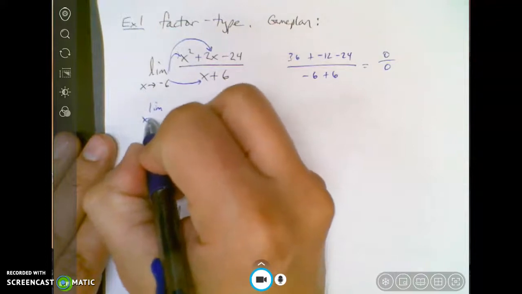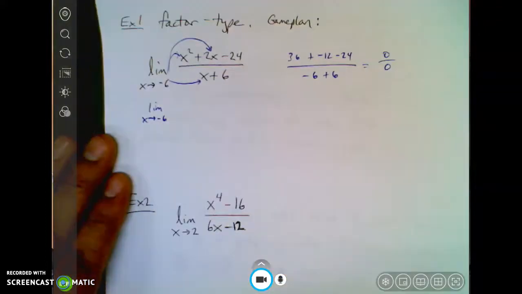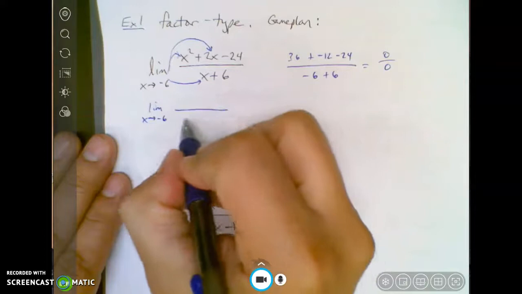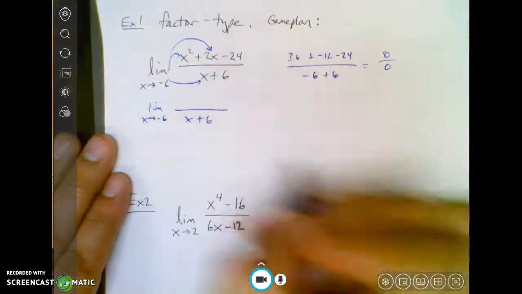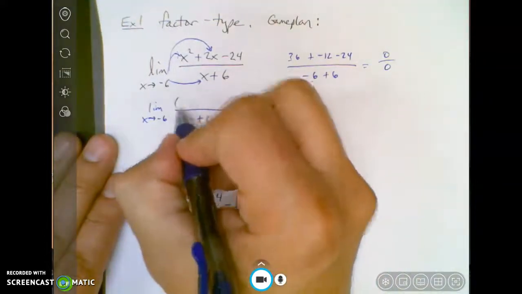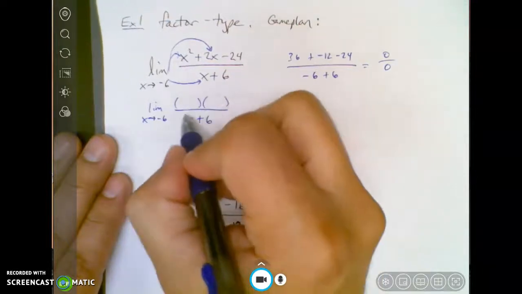Make sure you don't lose this limit thing. I know it's irritating to keep writing, but the first and easiest form of algebra trickery is to see if you can get something to cancel.